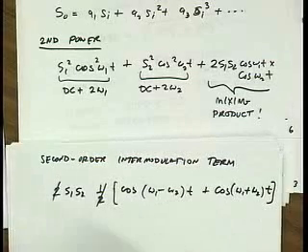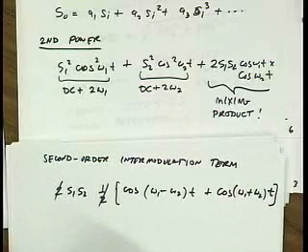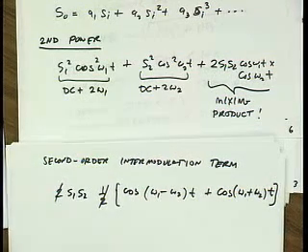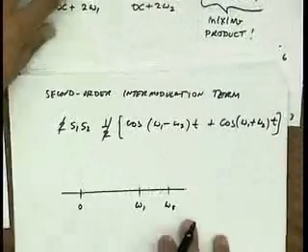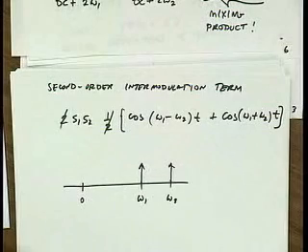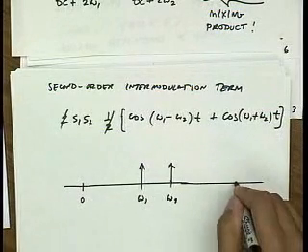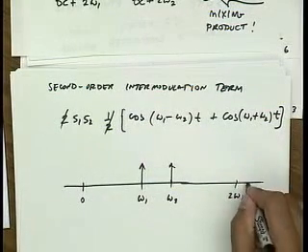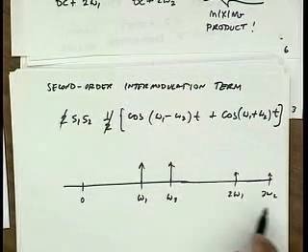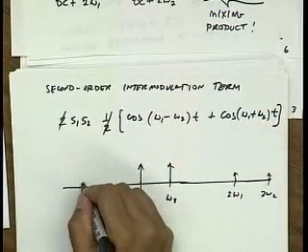We see that if I draw a picture, let's say this is DC. This is omega 1. Let's say this is omega 2. I put in two tones, let's say, at these frequencies, and I'll generate 2 omega 1 and 2 omega 2. These are the second harmonics. I generate DC.